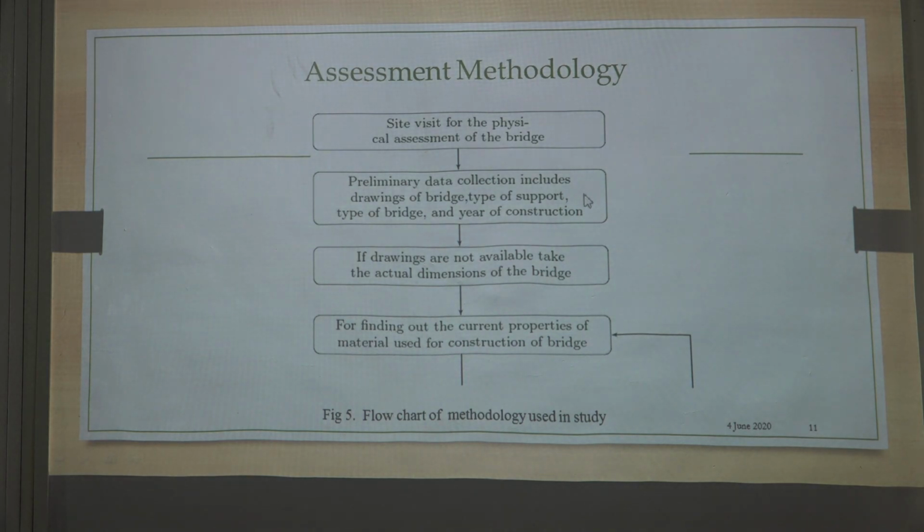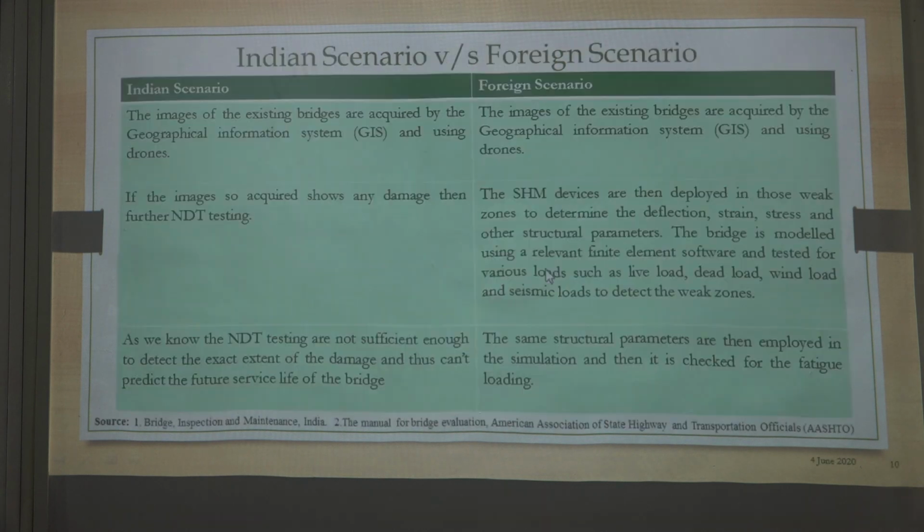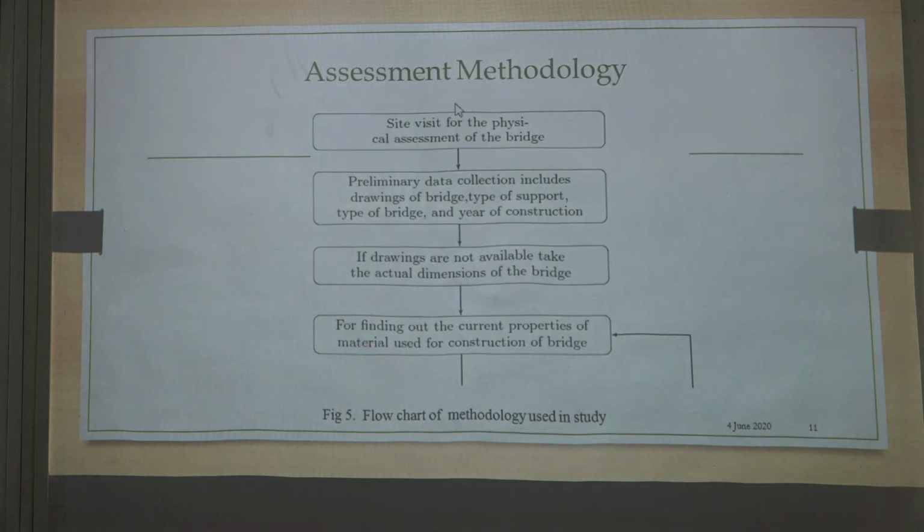Then what assessment methodology are we following? The methodology is simple, the same as what is generally followed in the foreign scenario. We will visit the site for physical assessment of the bridge, then we will collect preliminary data, which includes the drawing of the bridge, the type of support, the type of bridge and the year of construction.